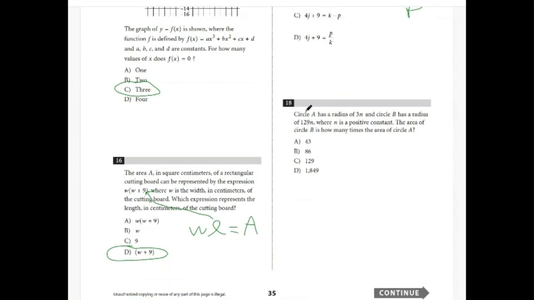Okay. Circle A has a radius of 3n and circle B has a radius of 129n, where n is a positive constant. The area of circle B is how many times the area of circle A? So we know that the radius of circle A is 3n. B is 129n. So pi r squared is the area for A. For B is pi r squared.